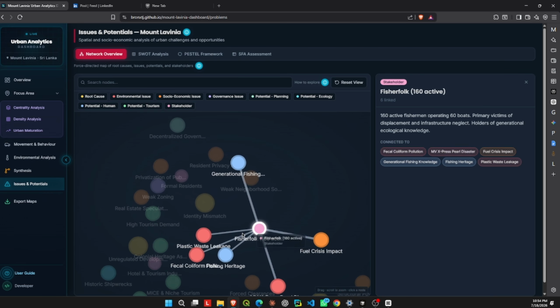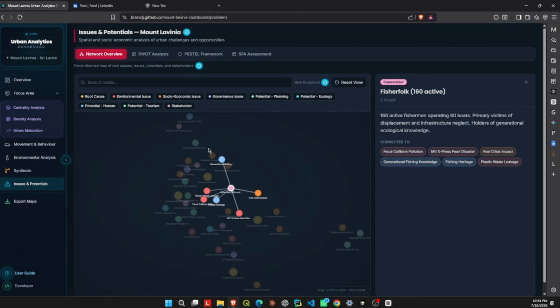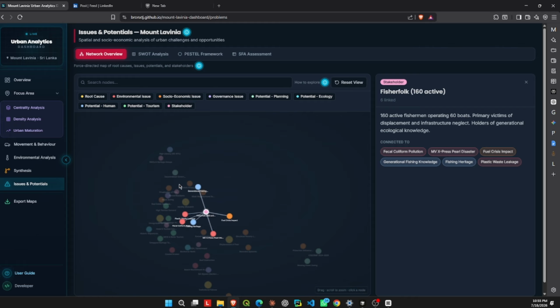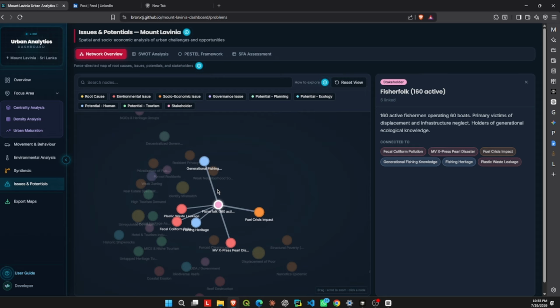Each colored circle is one idea, not a ranked one, like highest to lowest or worst to best. This kind of web shows interconnected, linked causes, effects, and opportunities, right? There are several types of node categories.